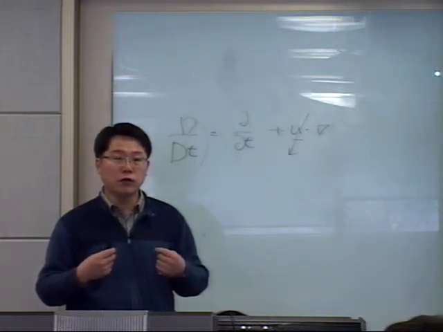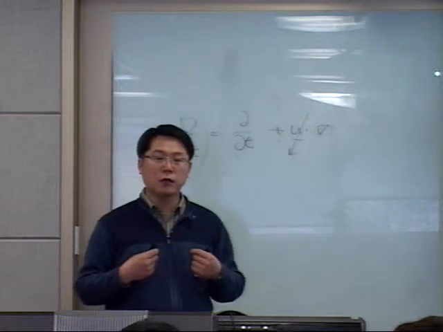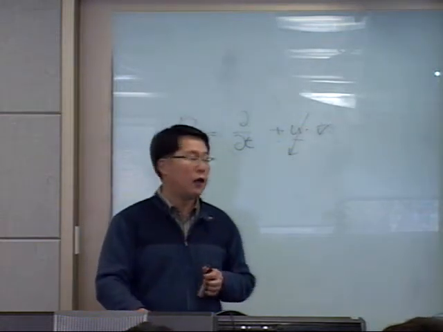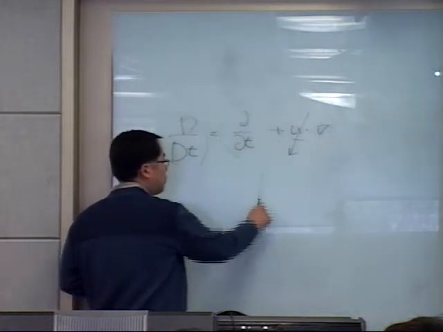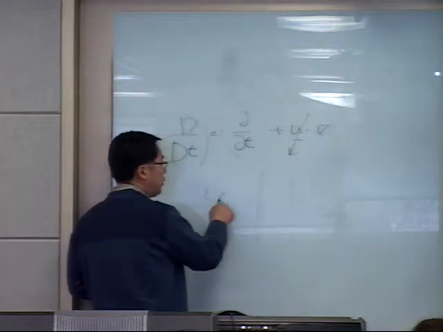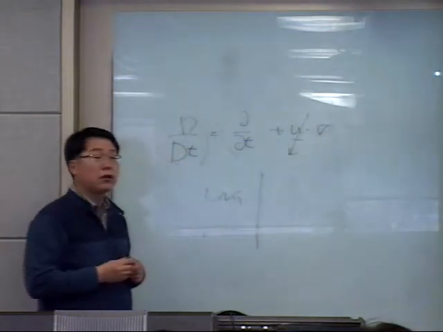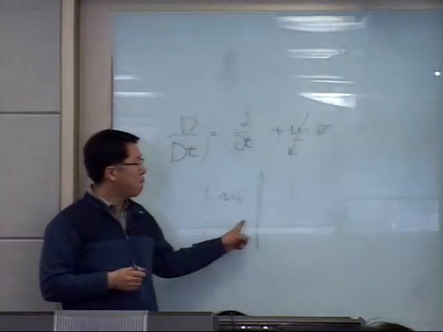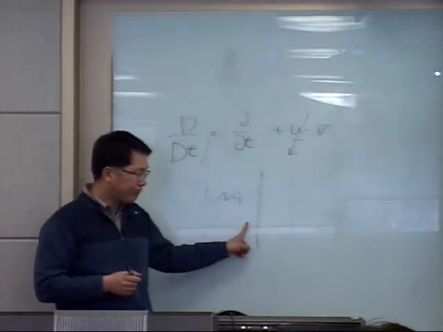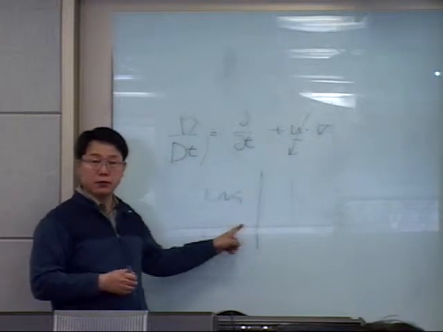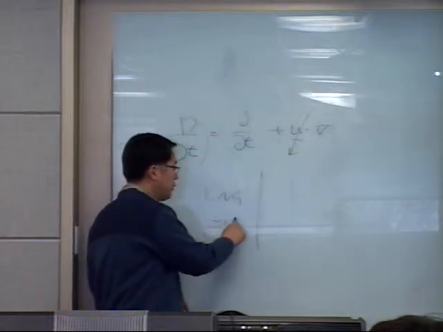We need boundary conditions. If we have a structure here and LNG here, the boundary condition for the LNG contacting surface would be minus 164.